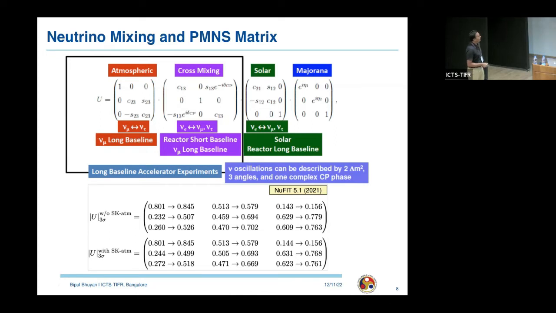This is the best fit result for these matrix elements, done by the NuFIT group in 2021. These are the best fit results with the SK atmospheric data as well as without the atmospheric data from the Super-Kamiokande experiment. So these quantities are pretty nicely measured, but of course, you can do better than the precision listed in this particular slide.